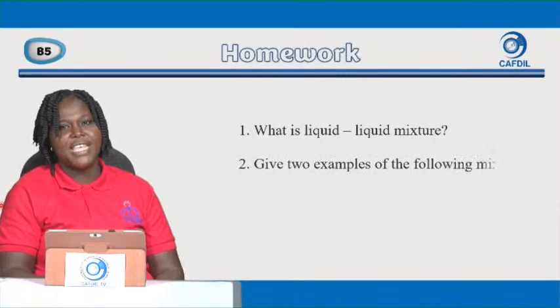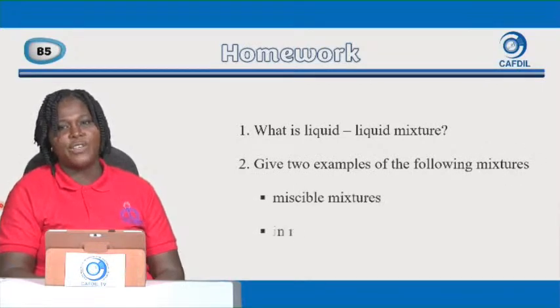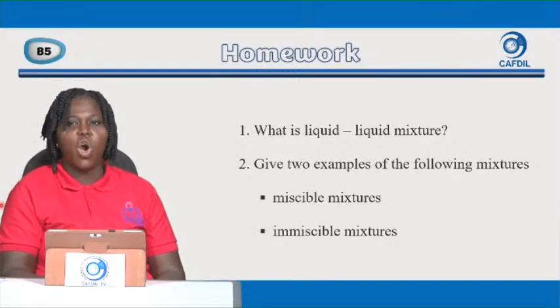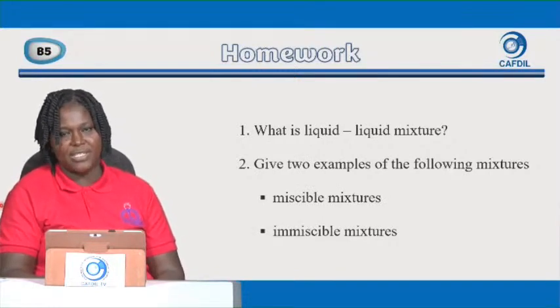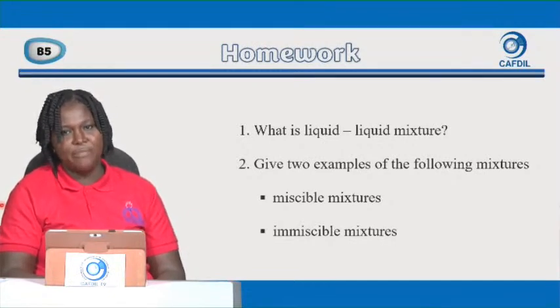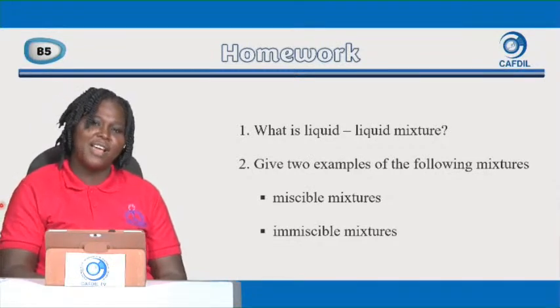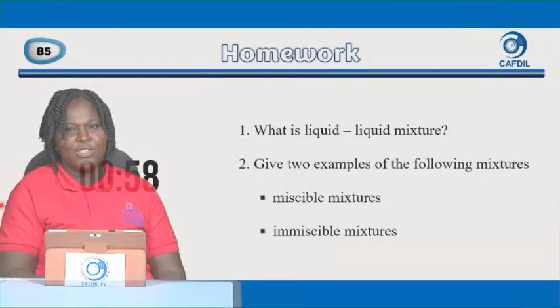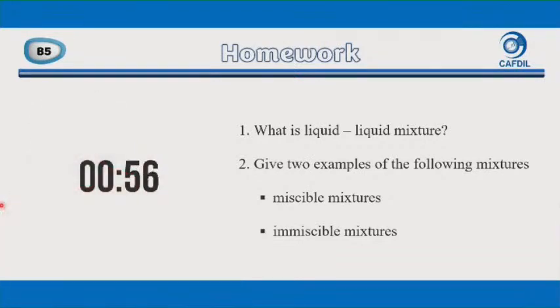Number 2, give 2 examples of the following mixtures: 2 miscible mixtures, 2 immiscible mixtures. Now I will give you some time to copy this homework in your exercise book. I will give you only 1 minute to copy it.